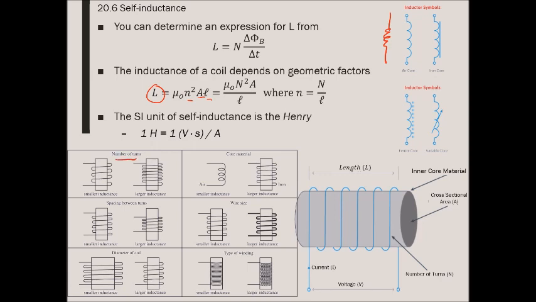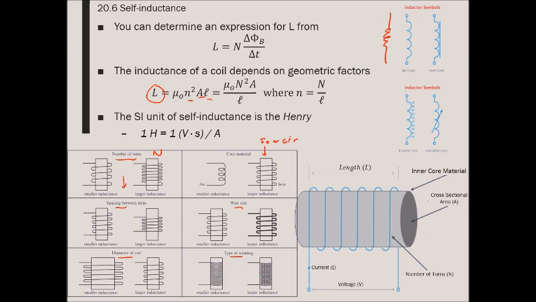We can change the number of turns, that would be N. We can change the core material if we have iron or air. So Fe or air are typical core materials. The spacing between the turns, which also has to do with the number of turns, is how close they are together. The wire size will affect the inductance as well, along with the diameter of the coil and the type of winding.